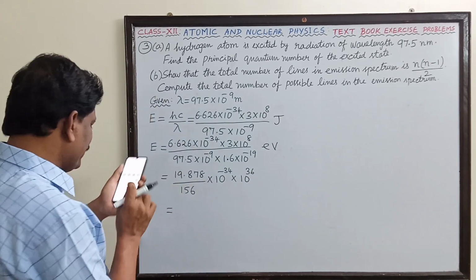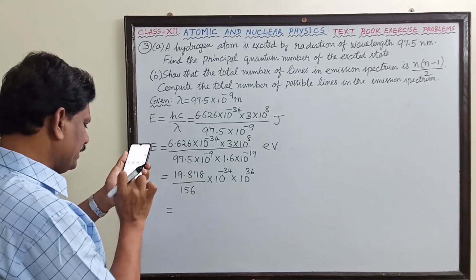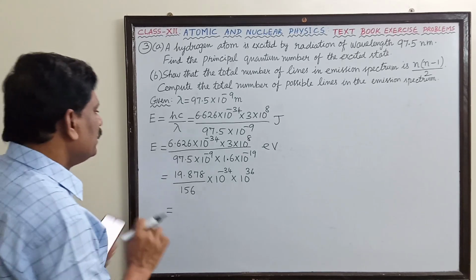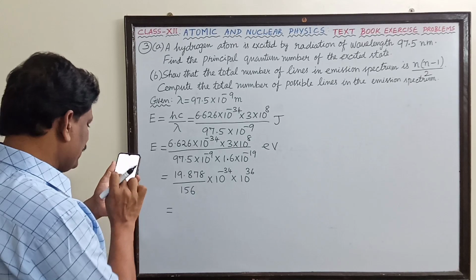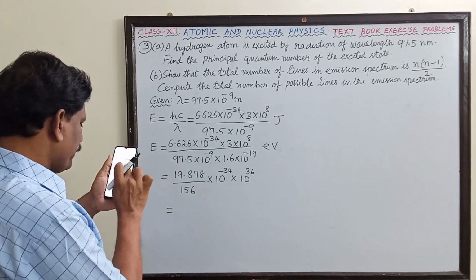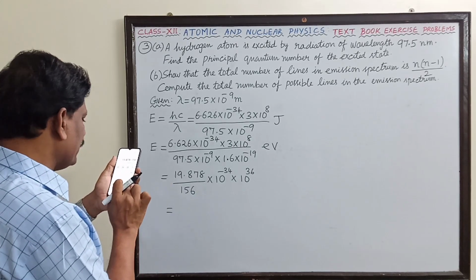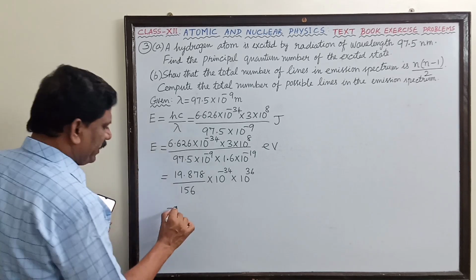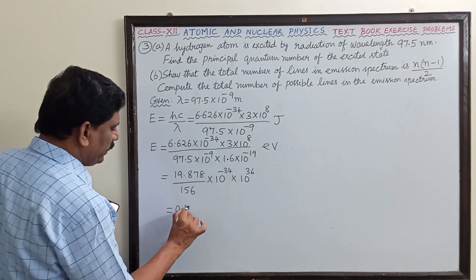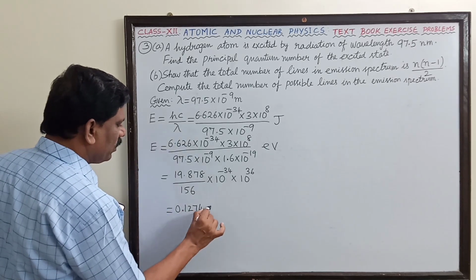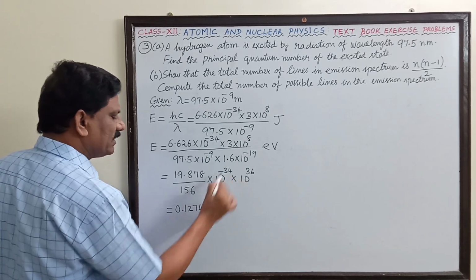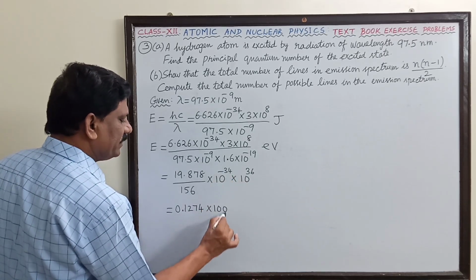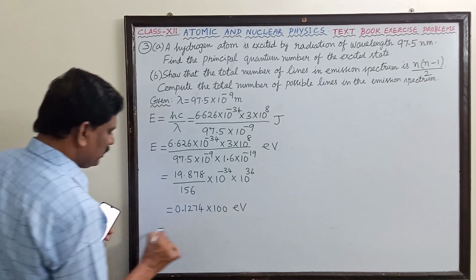So now it is 19.878 divided by 156. So that is equal to 0.1274 into 10 power 36 minus 34, that is 100, electron volt.